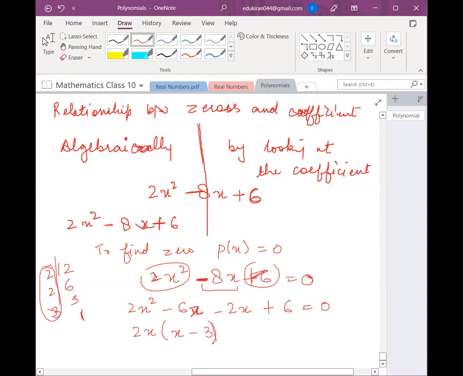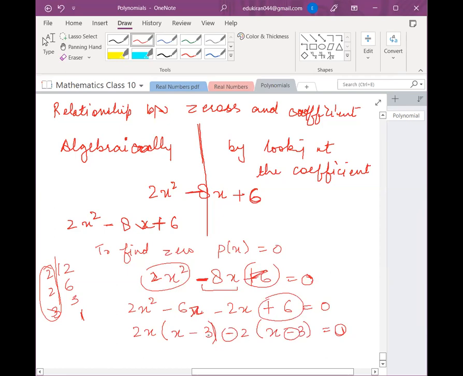Now, from these two terms, you can take minus 2 common. So first term will give you x and the second term will give you minus 3. Because when you multiply, this minus and this minus will become plus and you will get this plus 6. That is why, because I have taken minus outside.